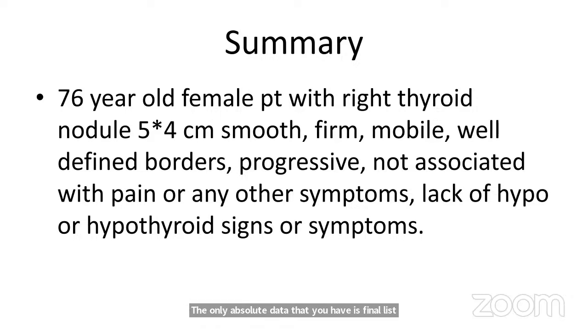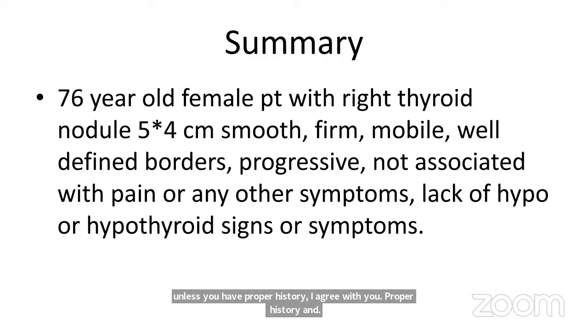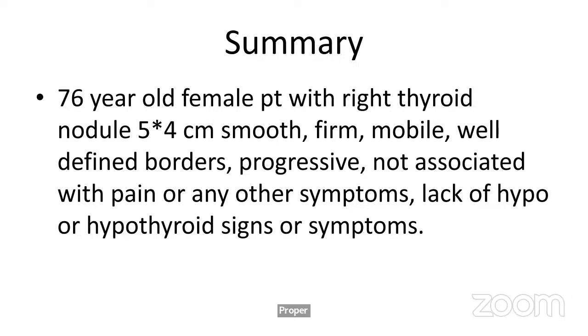Whatever scores we are using, ultrasound or FNA, they're all risk stratification scores. They don't give absolute numbers. The only absolute diagnosis is histopathology. If you have proper history and proper findings, you can be definitive. But this to me is a solitary thyroid nodule under evaluation.